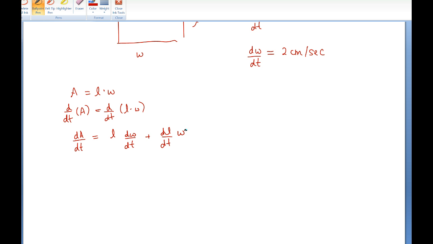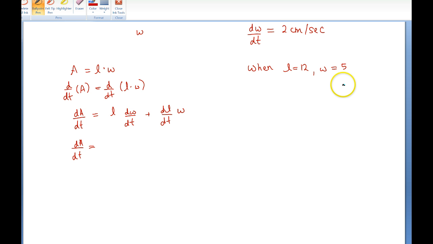This is the product rule again with implicit differentiation. So what do I want to find? I want to find the rate of change of the area. When L was 12, W was 5. So now I can plug in: 12 times dW/dt, which was 2, plus 5 times negative 2.